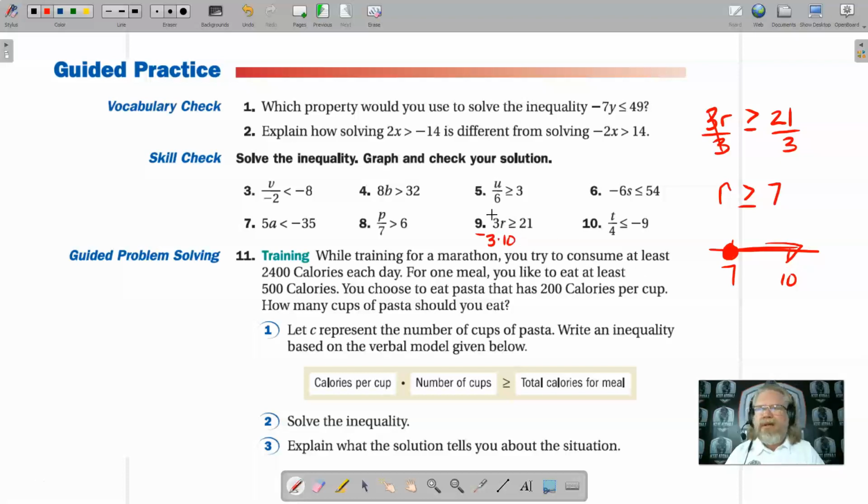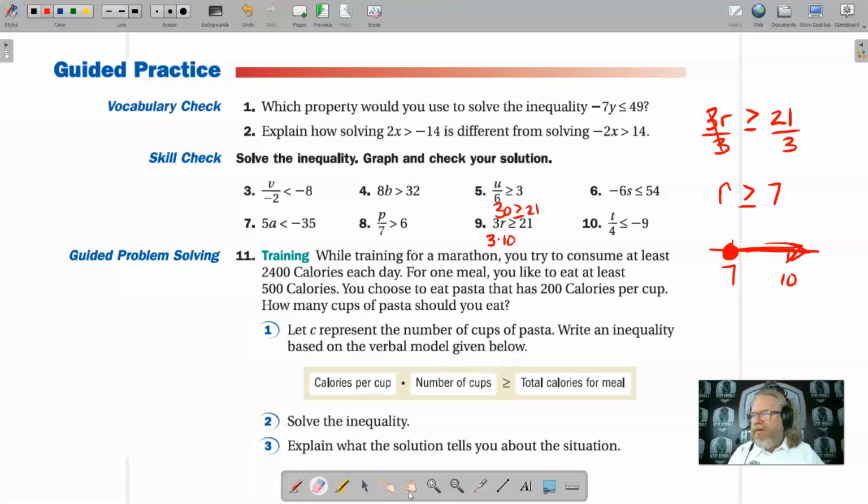We're just substituting 10 for the r. And where do we get this 10? Because this 10 is part of the solution set for this inequality. So it's over here in this highlighted part of the number line. And that's not a negative there. That's just underlining that we're going to do number 9. So 3 times 10 is 30. Right? So is 30 greater than or equal to 21? Indeed it is. So our answer checks out on that.